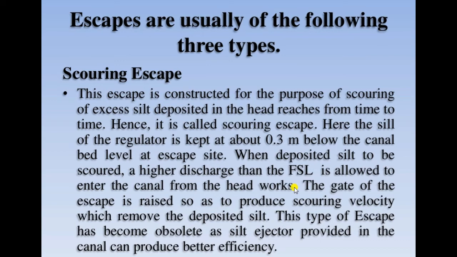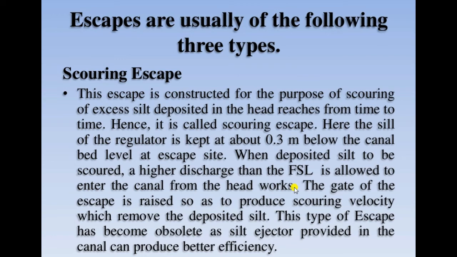Third is the scouring escape. This escape is constructed for the purpose of scouring excess silt deposited in the canal from time to time, hence it is called a scouring escape. Here the sill of the regulator is kept about 0.3 meter below the canal bed level at the escape site.